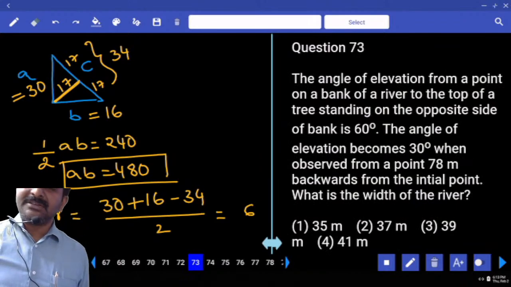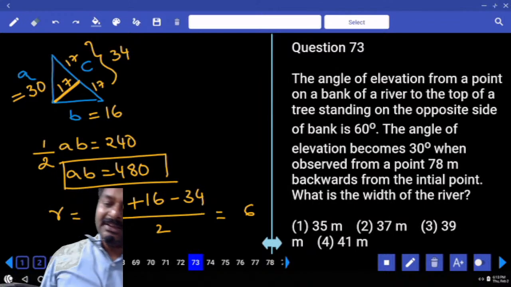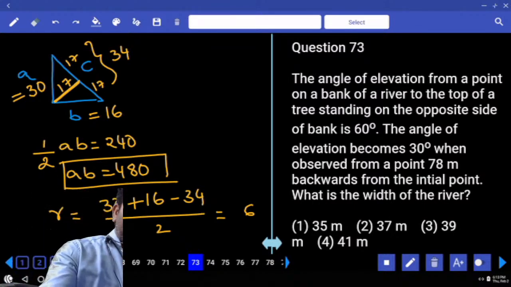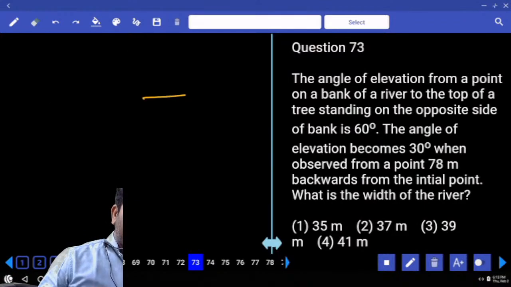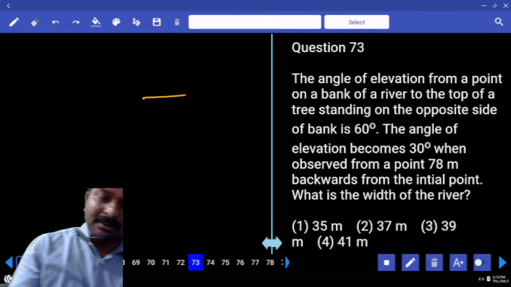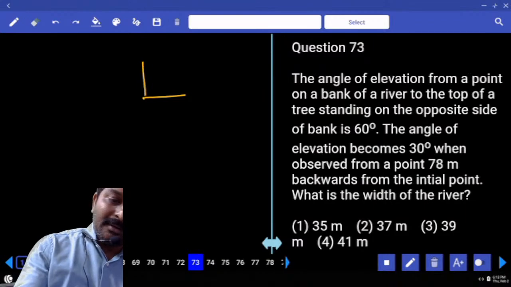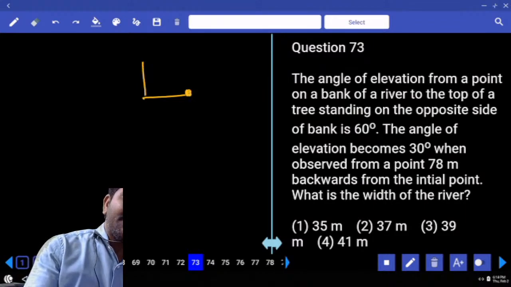The angle of elevation from a point on a bank of a river to the top of the tree standing on the opposite side of the bank is 60. Let's say this is the river. Okay? Right. Now here we have a tree. Person is at this place.